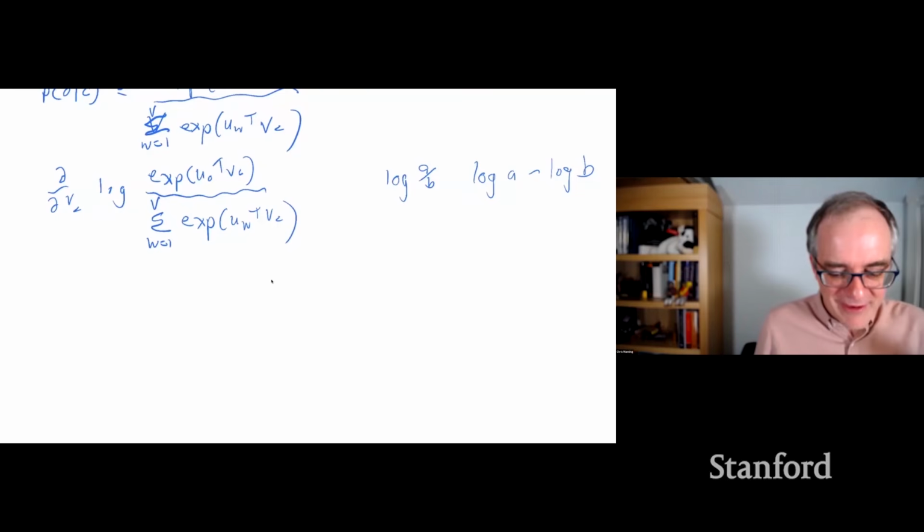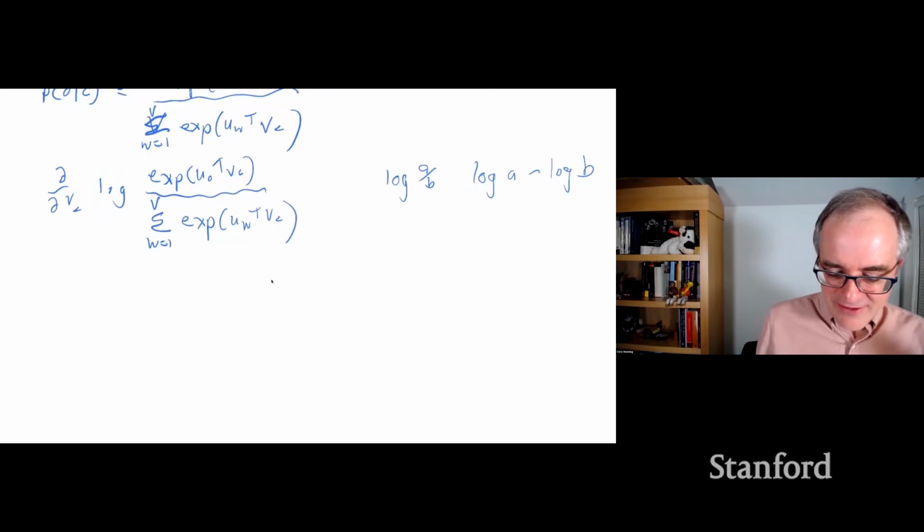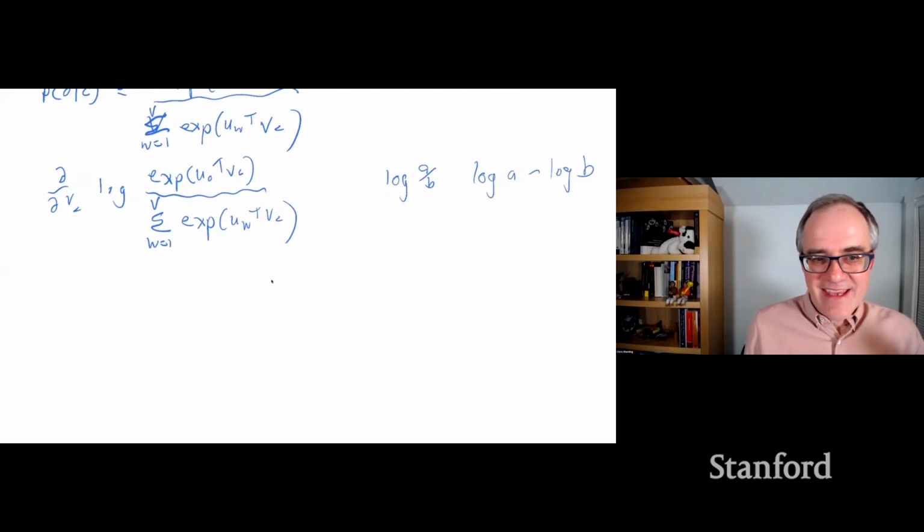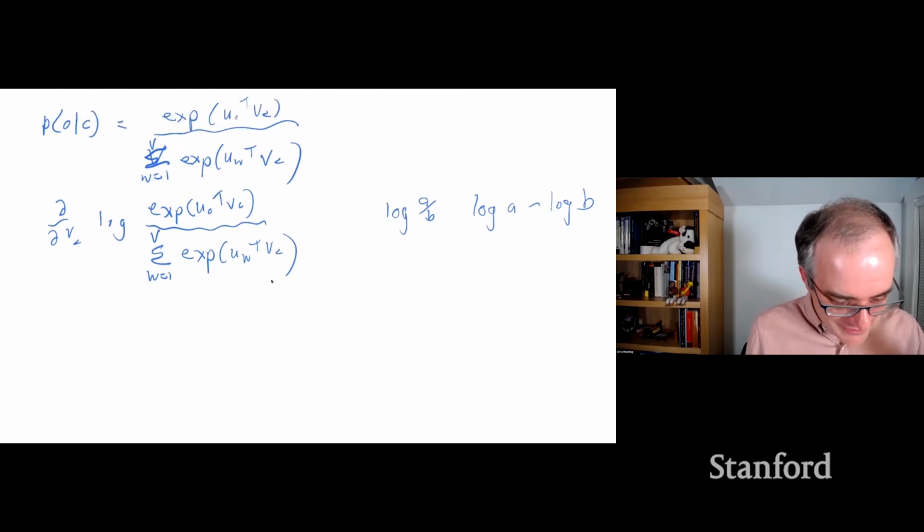But I think there are also other people in the class for whom the last time I saw calculus was when I was in high school. And so I wanted to spend a few minutes going through this a bit concretely, to try and get over the idea that, even though most of deep learning and even word vector learning seems like magic, it's not really magic. It's really just doing math. And one of the things that we hope is that you do actually understand this math that's being done. So I'll keep along and do a bit more of it.